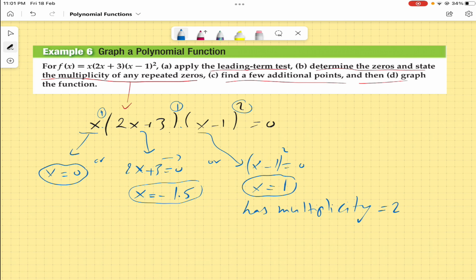I say this is not important. What we do is the first factor, x to the power 1, no problem. The second one has degree 1. And the third one, the degree is 2. So from here we get x to the power of 2, from here x to the power 1, and here x to the power 1. If you multiply them, we're going to get x to the power 4.